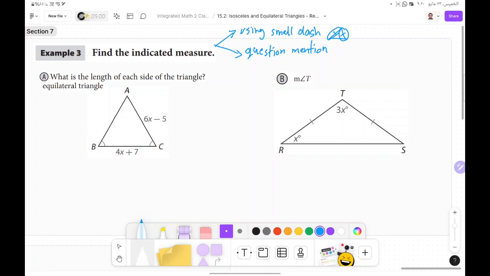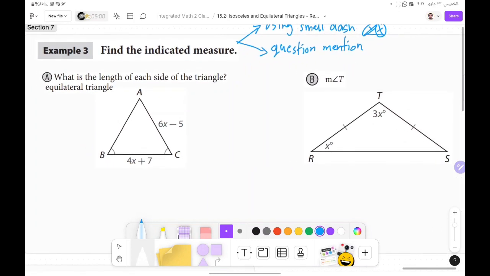Now let's start with question A. What is the length of each side of the triangle? It says here it's an equilateral triangle. So he mentioned that this triangle is equilateral, and let's memorize what we learned about equilateral: this side should equal this side, and also equal this side.